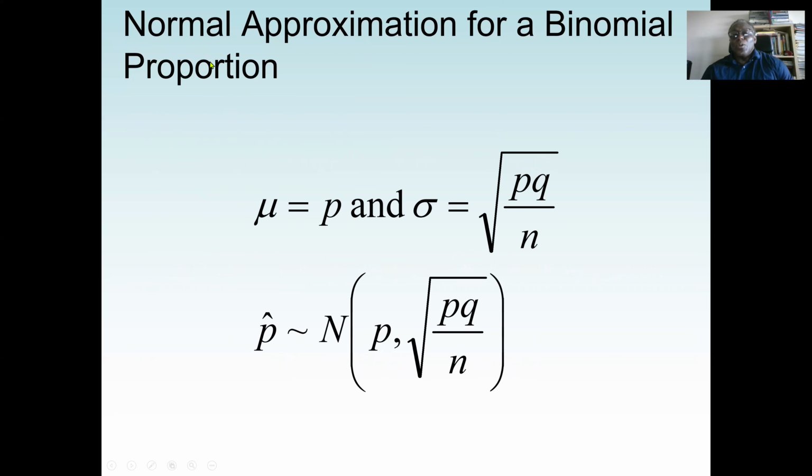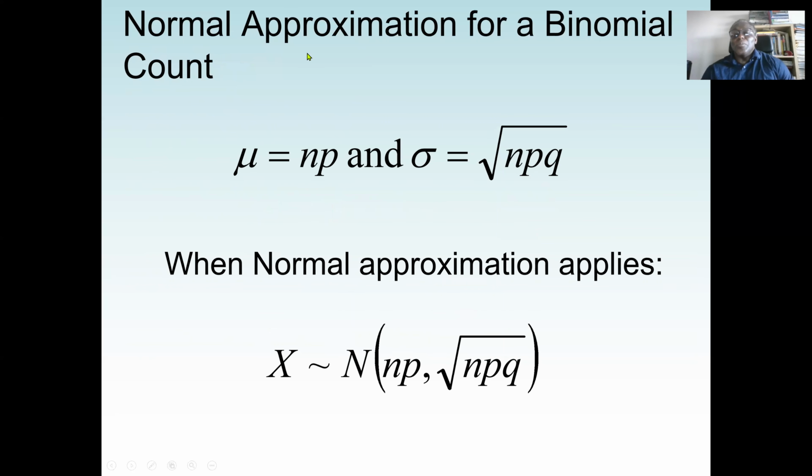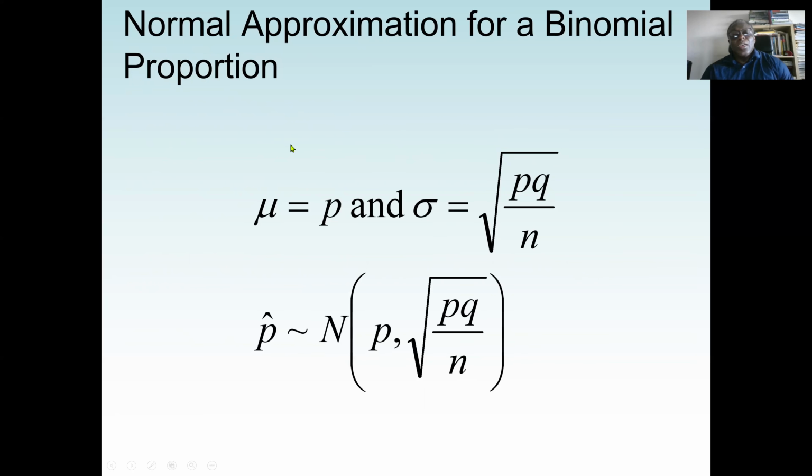We also have the normal approximation for the binomial proportion. The previous one was for the binomial count, and now we have the binomial proportion. We did this previously in unit 6.